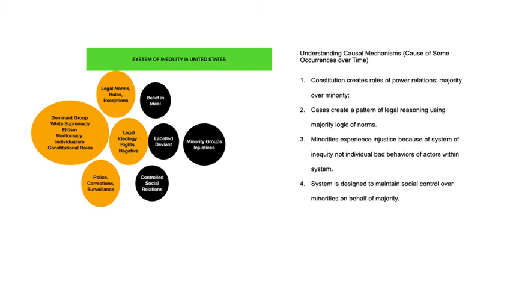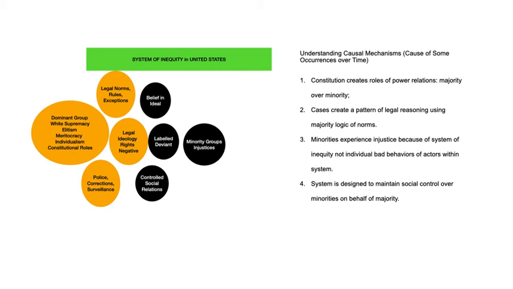You'd start to feel crazy if you said, wait a second, these rules don't seem to be working for me. And this is what controls the social relations, because the second you start to step out of line, in comes the police, in comes corrections, in comes surveillance, right? And surveillance now is in schools, it's in hospitals. You start to question yourself, and obviously the costs really start to increase if you want to try to go against the dominant culture.